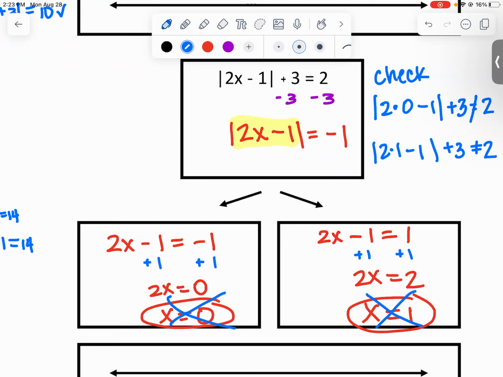What's true about an absolute value is that it's always going to give you a positive. We can't have an absolute value equal negative 1. No solution. No solution.